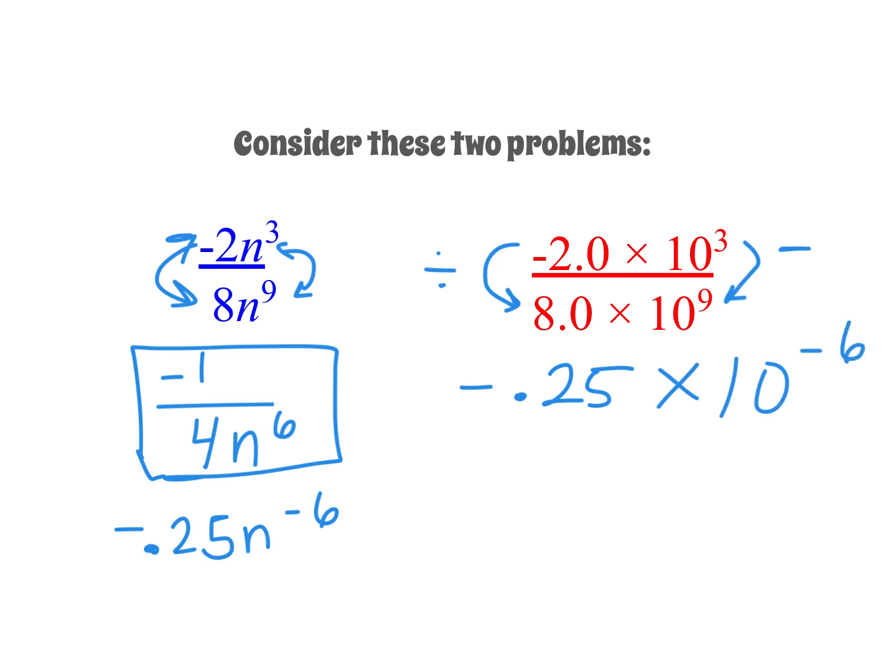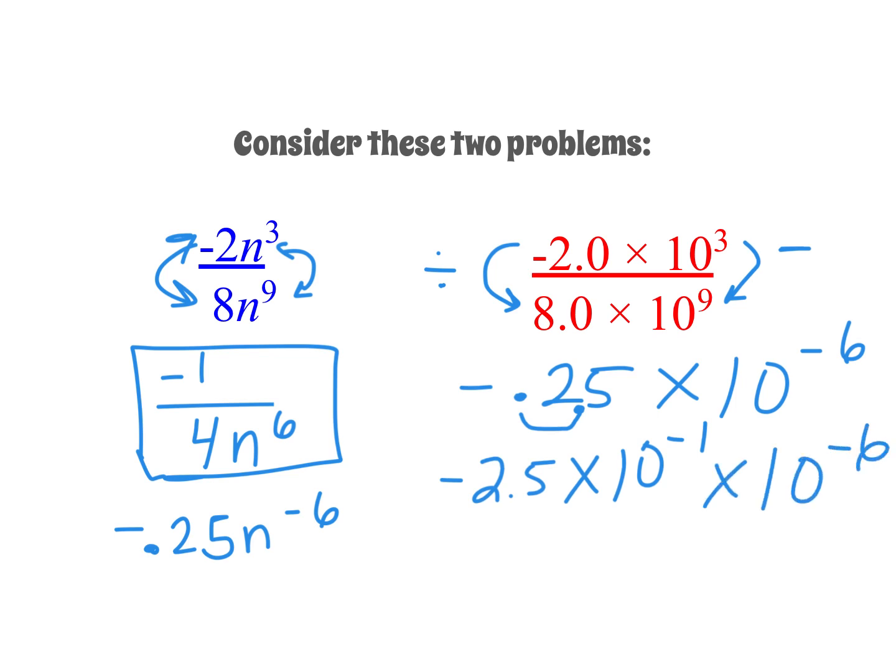Now that technically is not in scientific notation, because where does the decimal point need to go? It needs to go between the 2 and the 5. So I would rewrite this as negative 2.5 times 10 to the negative first power, because 0.25 is a small number. Small numbers have negative exponents. Then you would multiply that by 10 to the negative 6, add those exponents, and you would get negative 2.5 times 10 to the negative 5th.